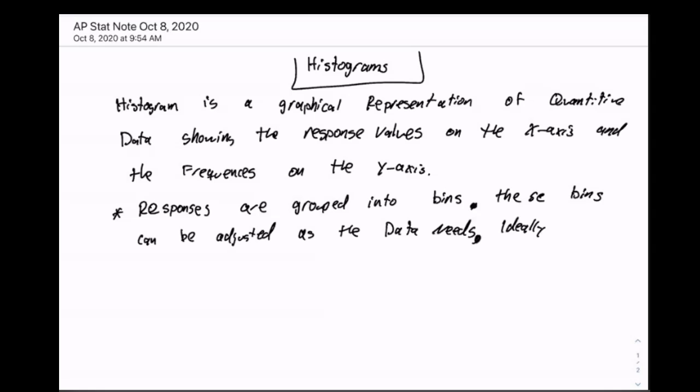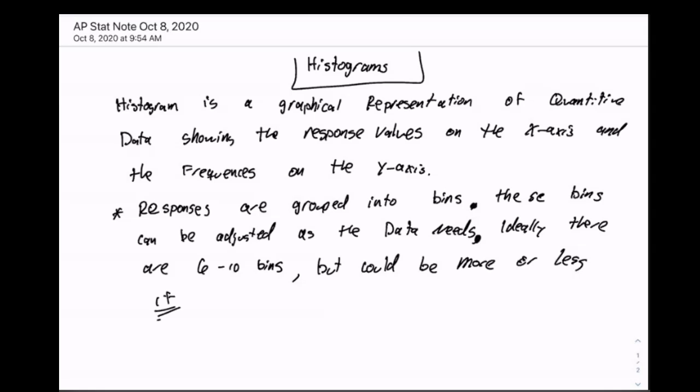Ideally, there are 6 to 10 bins, but could be more or less if the shape is able to be identified.